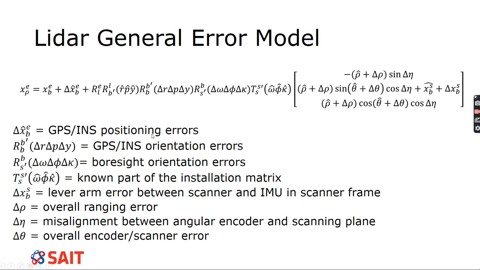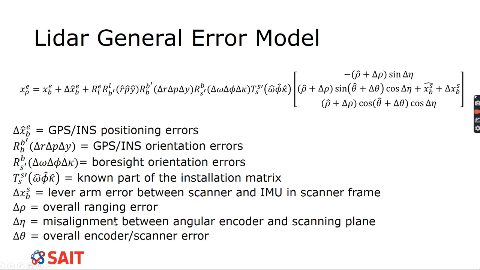So we have GPS and positioning errors, we have orientation errors, we have boresight errors, we have the installation matrix, which is like when you install stuff onto the airplane. We have a lever arm error, that is the distance that you calibrate between the sensor and the INS.